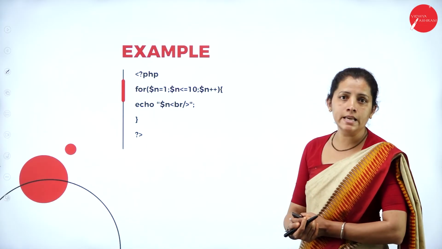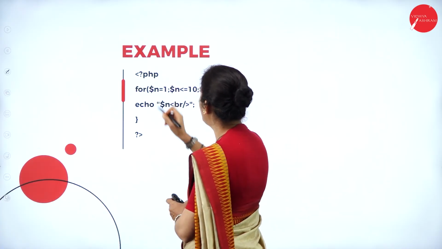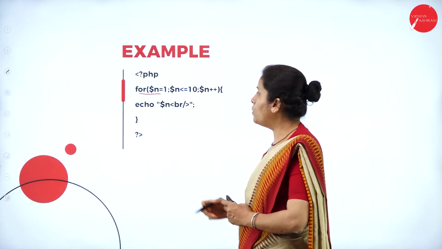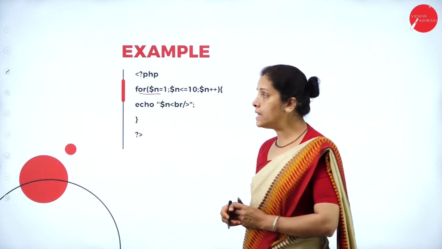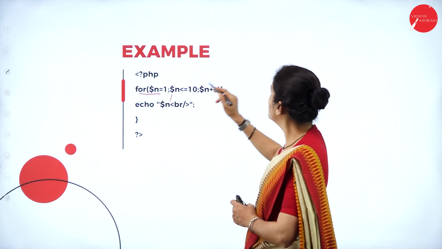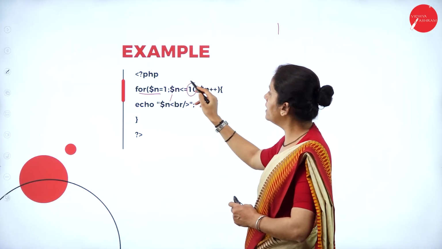So this is the way we can use the for loop. Now let's see the example here. What's my n value? n equal to 1. Now I'm checking 1 less than or equal to 10. The condition is true, so I'm printing 1. Instead of taking 10, I'll take 3.